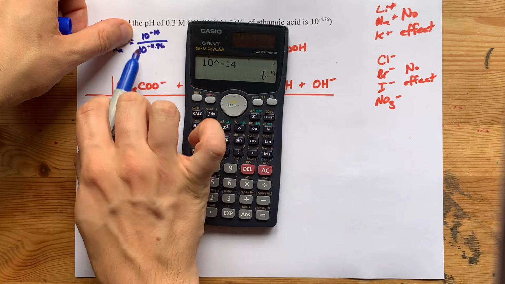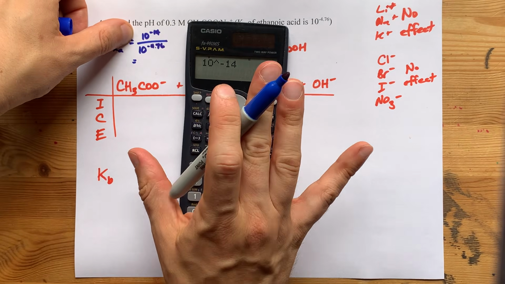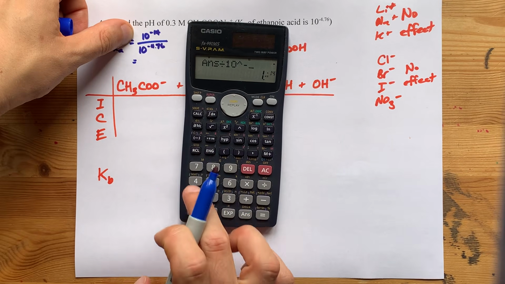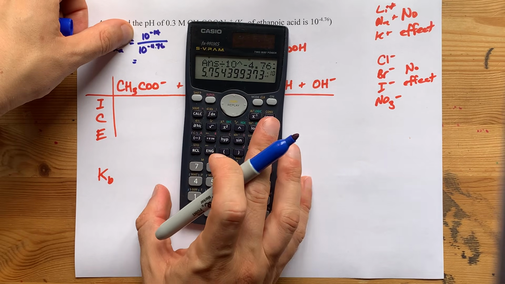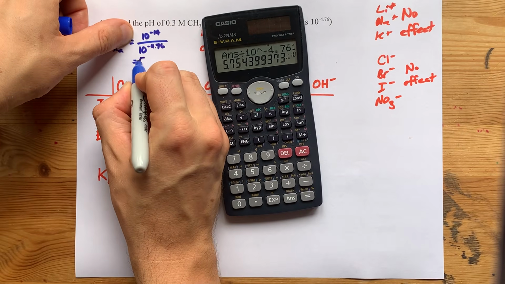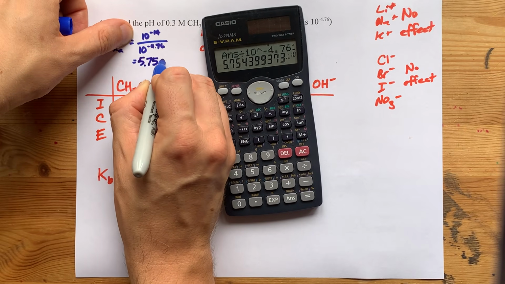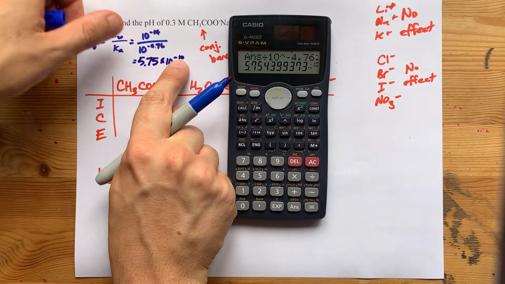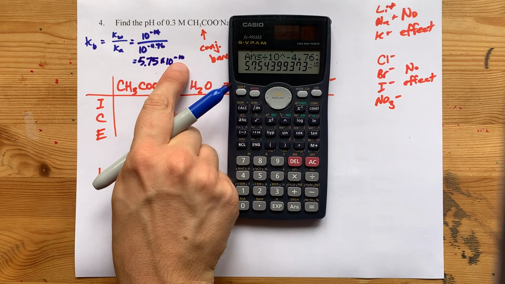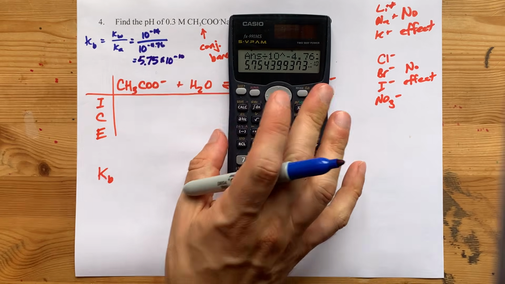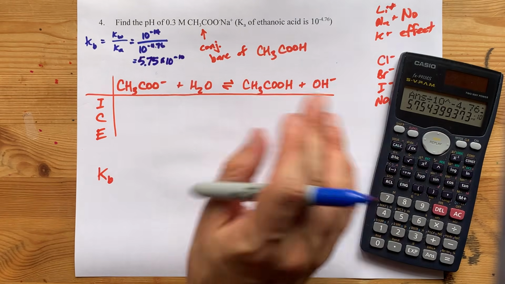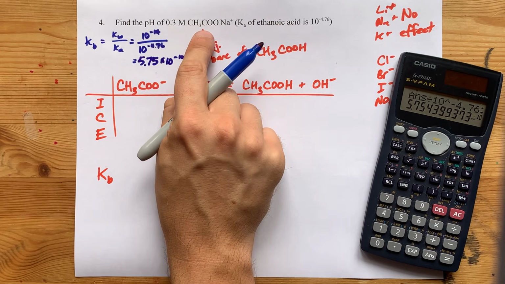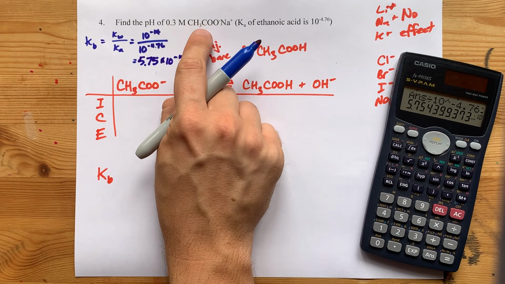I'm overcomplicating it. Just type this into your calculator exactly, divided by 10 to the power of negative 4.76. This gives me 5.75 times 10 to the power of negative 10. That's a small number. I know that because it's a deeply negative power on the 10 here in scientific notation. That implies to me that this is a weak acid, but this, I think, is an even weaker conjugate base.